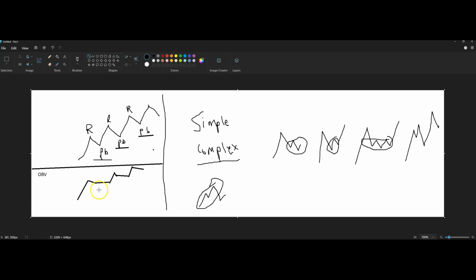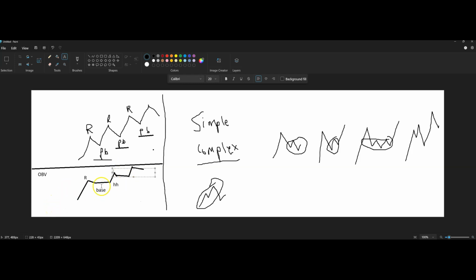So you have a rally, and you have a base, and then before price makes the next rally, on-balance volume will precede price and make a rally.